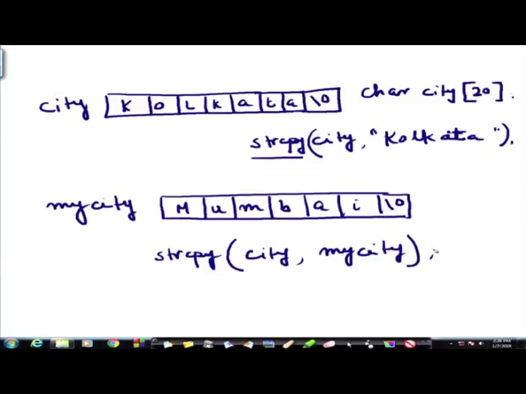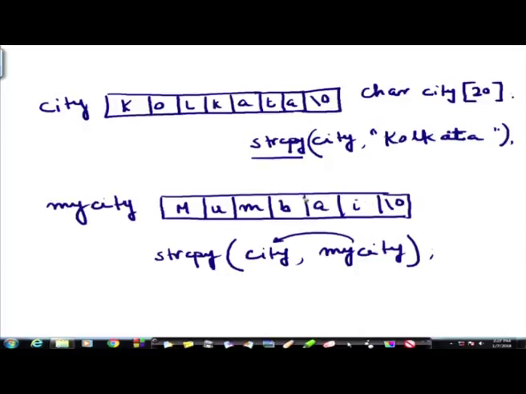This string my city will come into this variable city. So, this Kolkata will be overwritten and replaced by Mumbai. Now, Kolkata is of length 1, 2, 3, 4, 5, 6, 7 and Mumbai is 1, 2, 3, 4, 5, 6. In that case, what will happen?